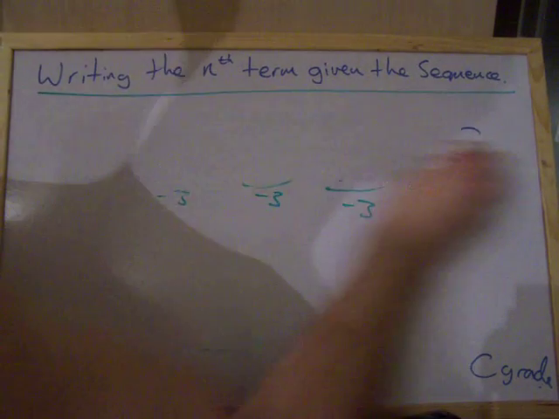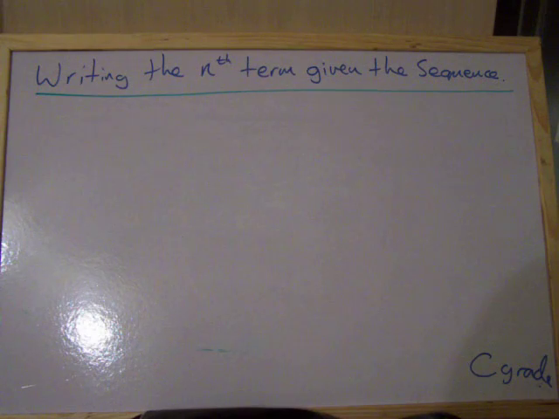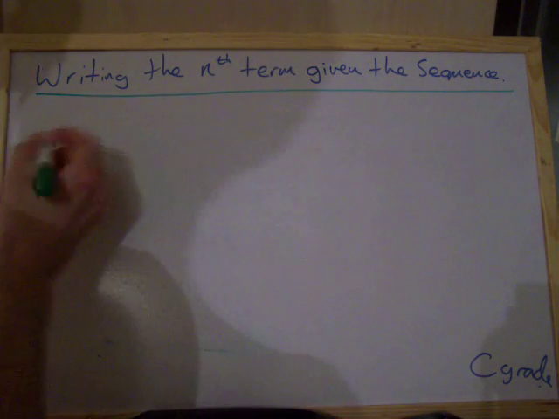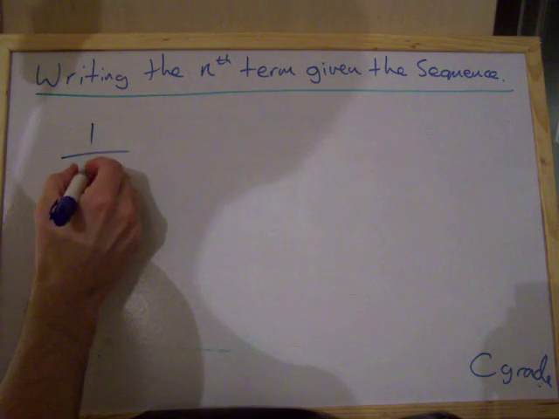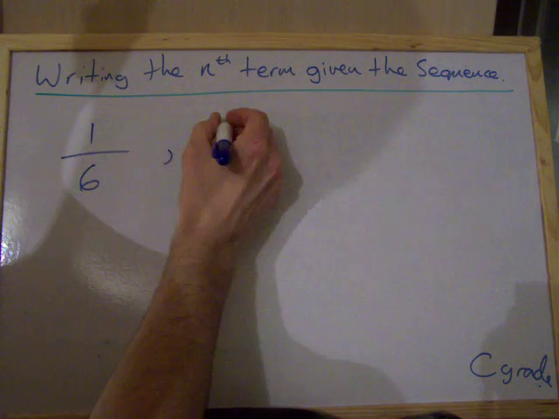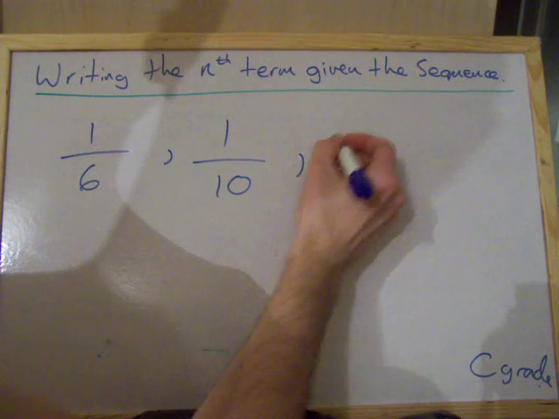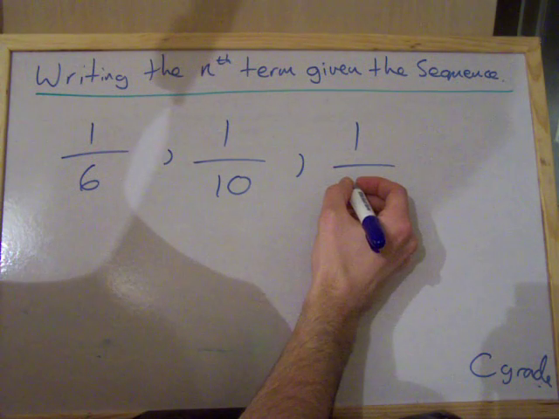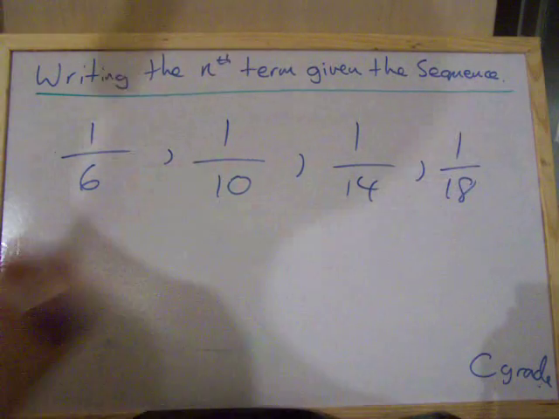Right, something a little bit tricky, still in the C grade bracket. A little bit more time. Right, what if we had 1 over 6, 1 over 10, 1 over 14, 1 over 18.